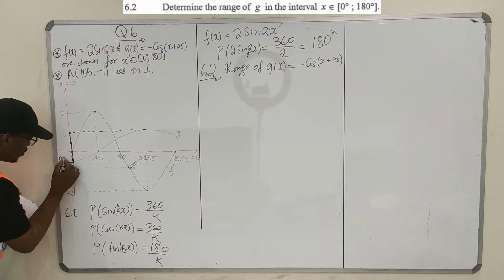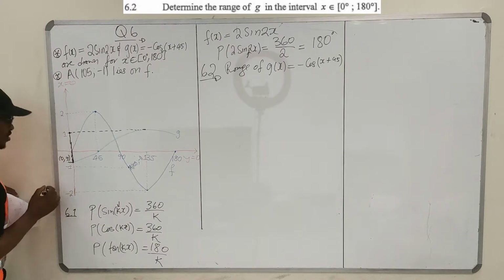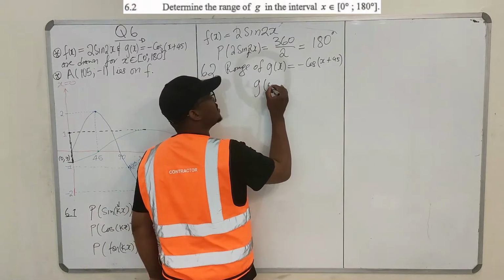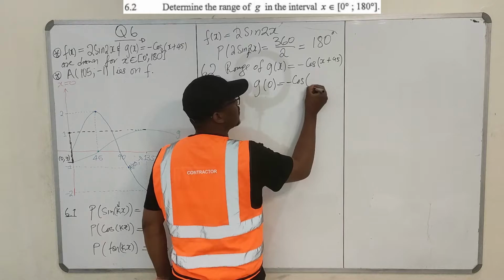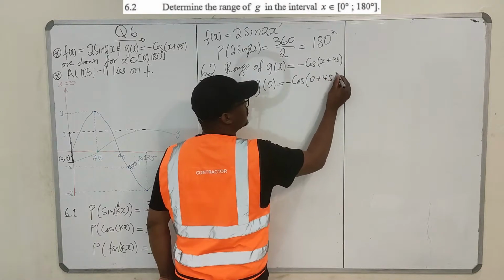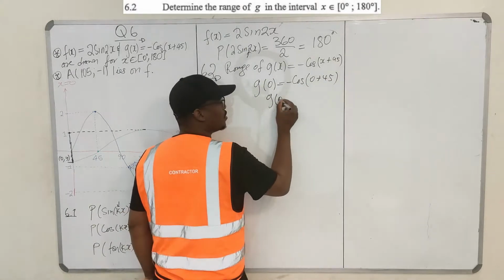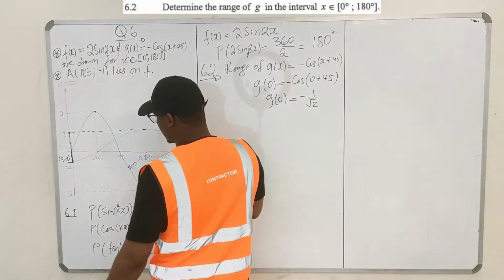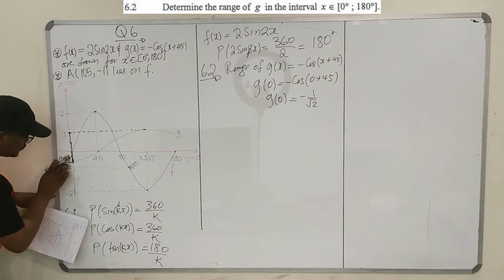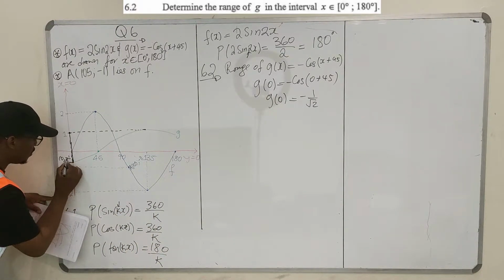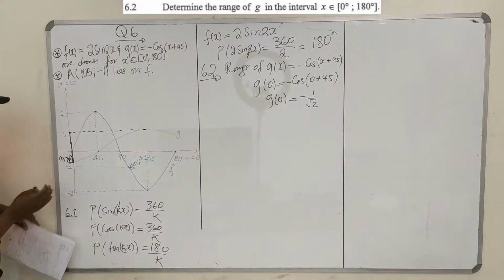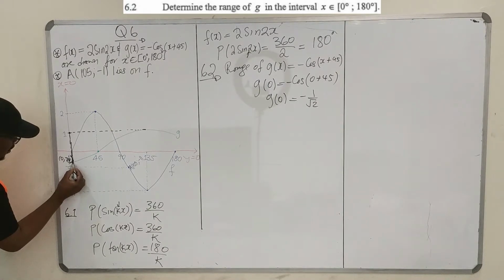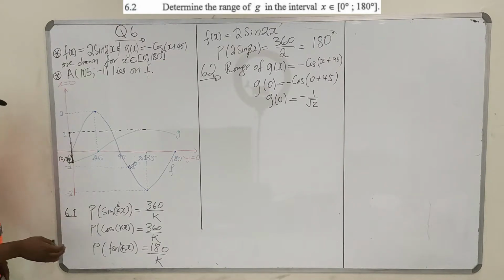So you say g at 0 is equal to negative cos 0 plus 45, so g at 0 is equal to -1 over root 2. The coordinates of this point are 0 and -1 over root 2, so the y values that the function is using are from -1 over root 2 to 1.